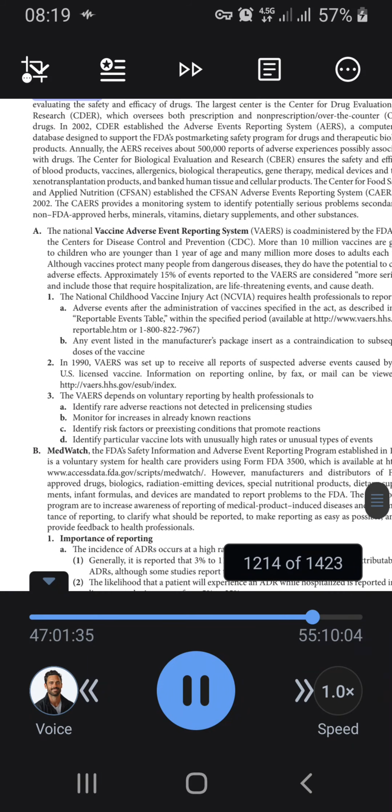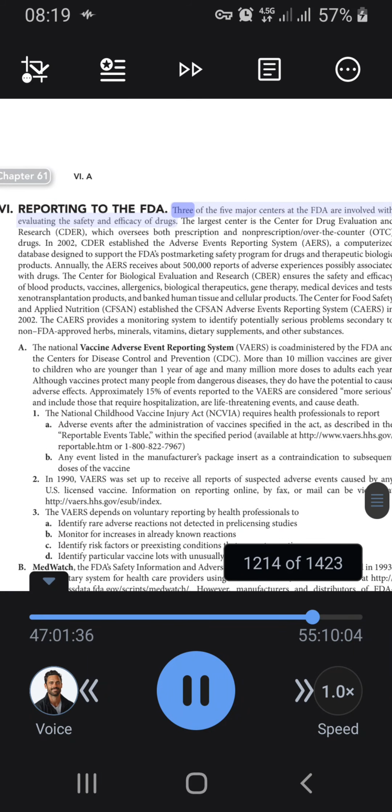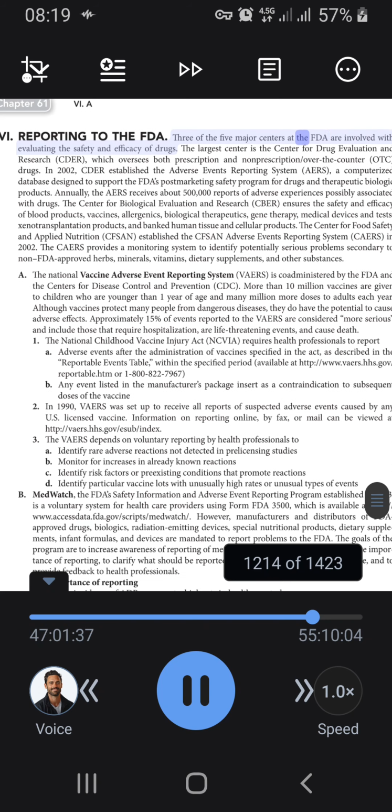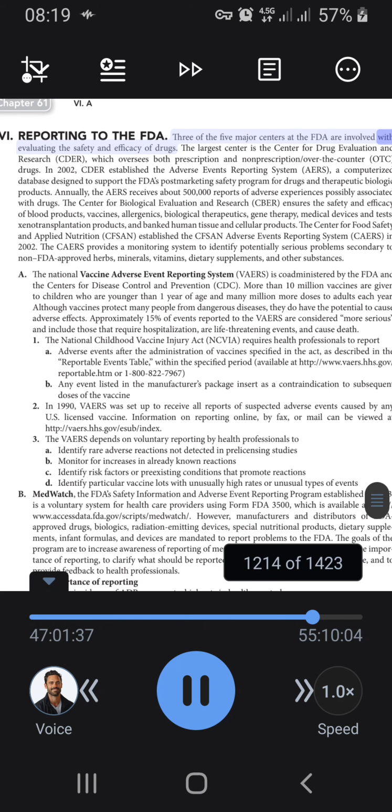VI. Reporting to the FDA. 3 of the 5 major centers at the FDA are involved with evaluating the safety and efficacy of drugs. The largest center is the Center for Drug Evaluation and Research, CDER, which oversees both prescription and non-prescription over-the-counter OTC drugs.